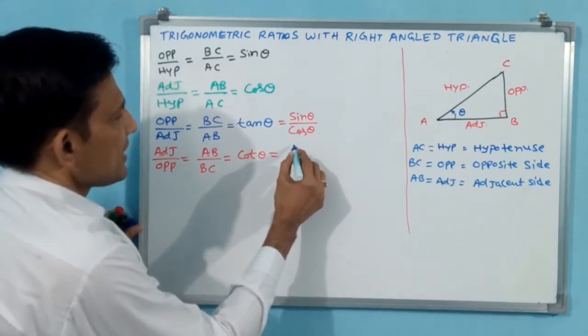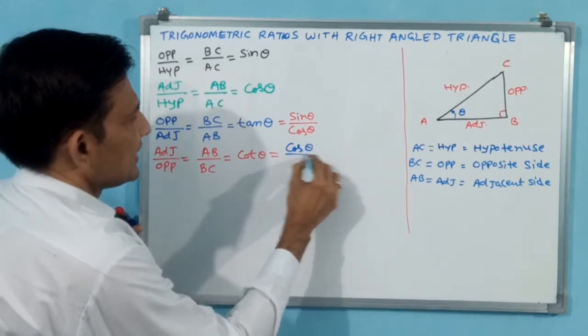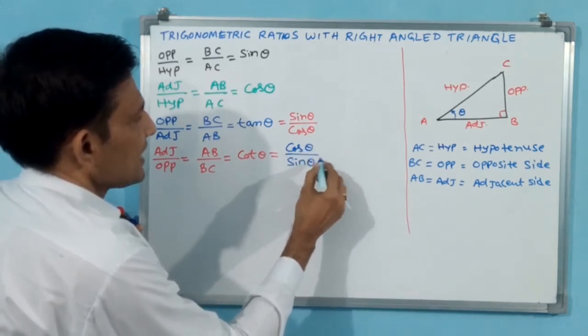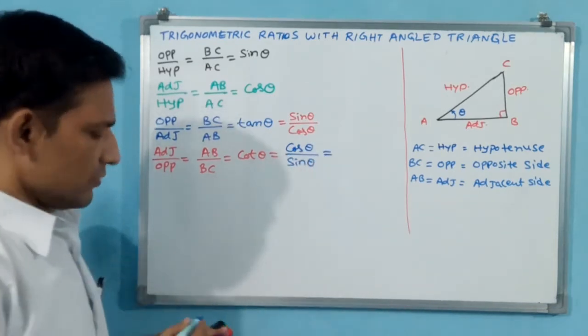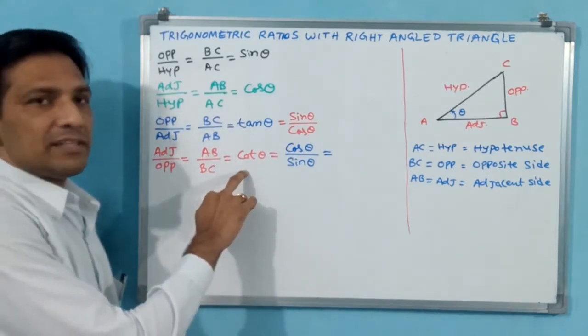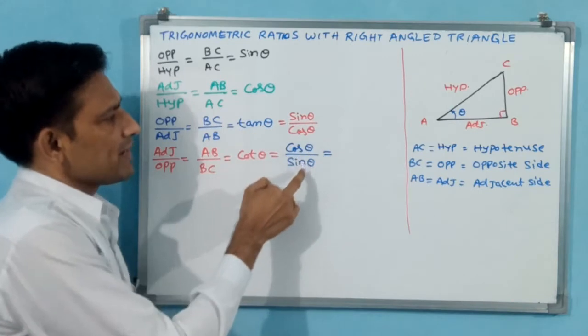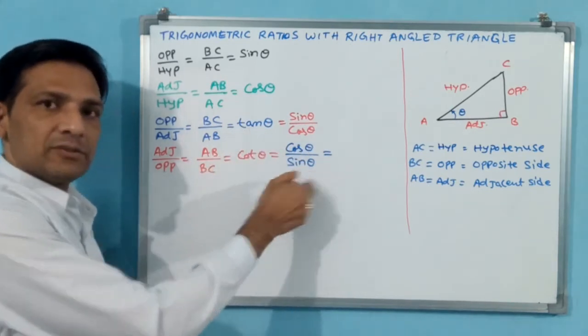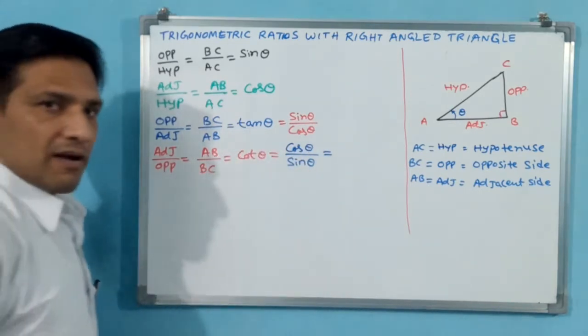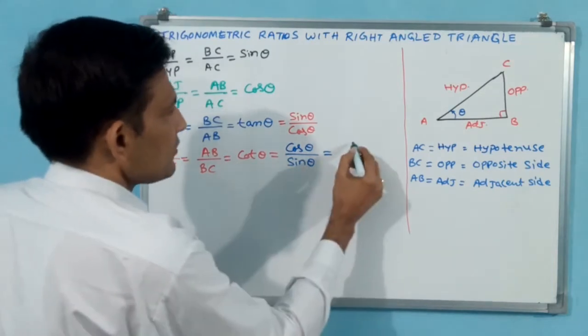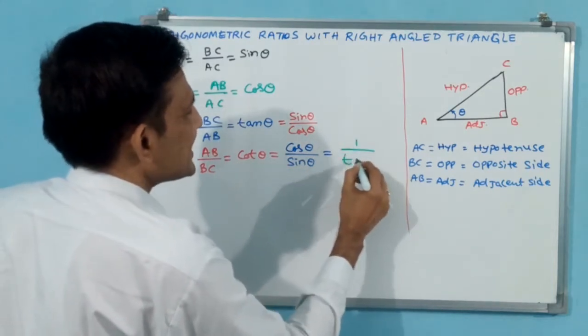Cos theta by sin theta is equal to cot theta. When we reverse sin theta by cos theta, we can reverse tan theta also. Let us write 1 by tan theta. Cot theta is equal to 1 by tan theta.